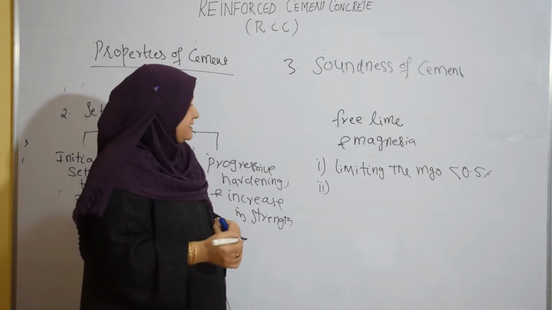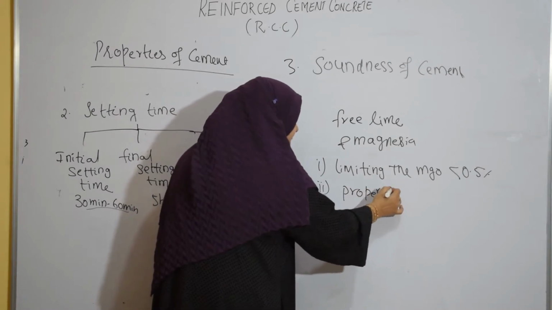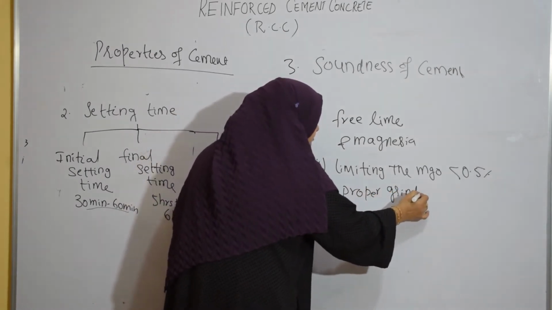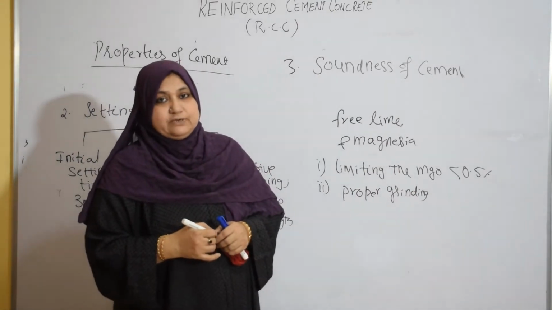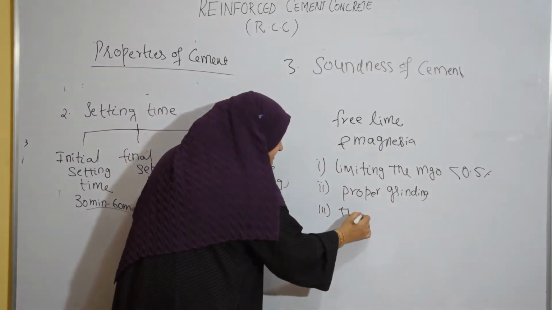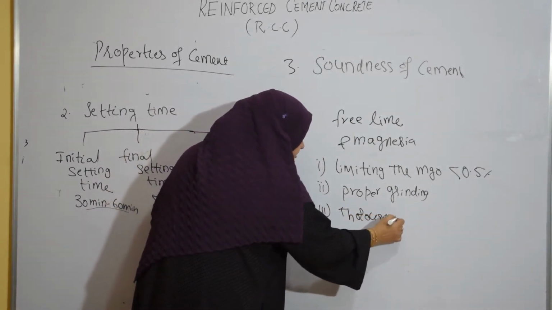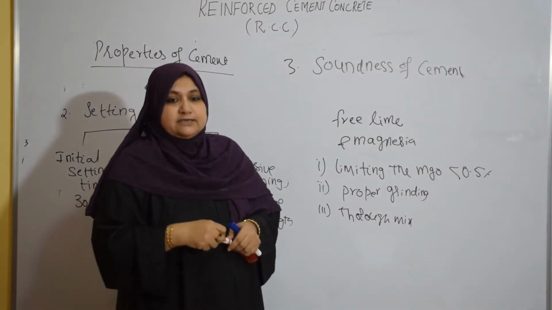Second is proper grinding. If the cement is properly ground, it's fine, then also you can reduce the undesirable expansion of the cement. Fine grinding, you should do it. And then third is thorough mixing. So when cement is mixed, there should be thorough mixing. So by these three processes, you can reduce the unsoundness of the cement.